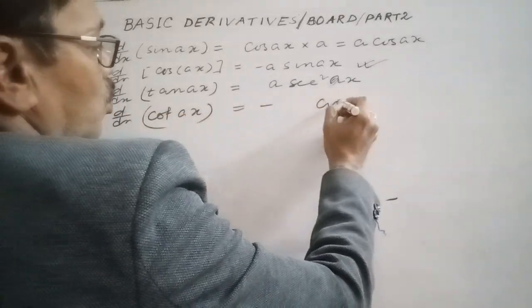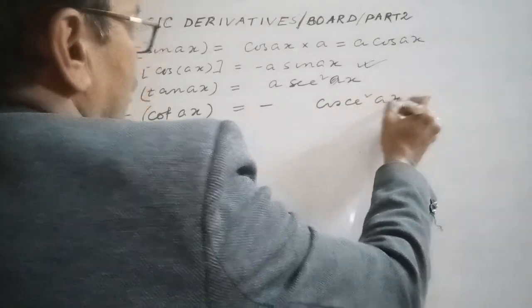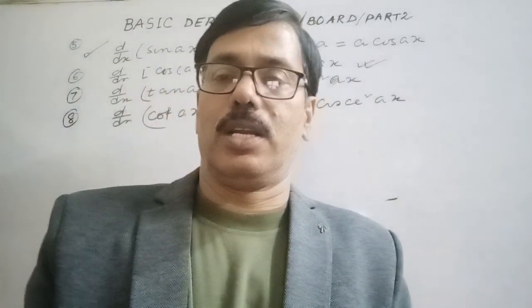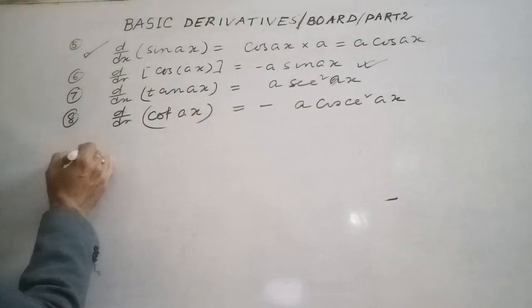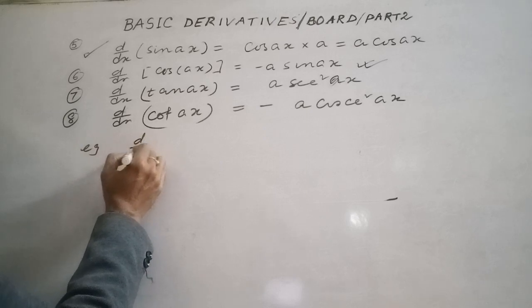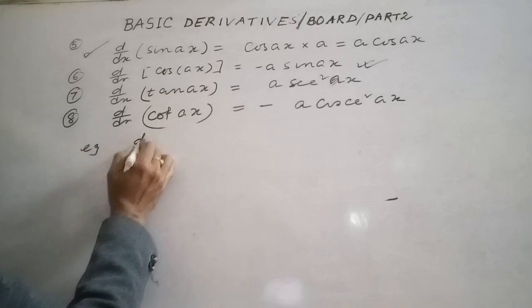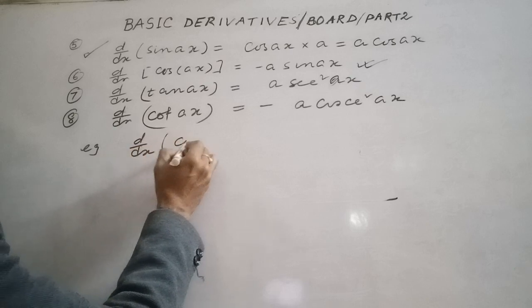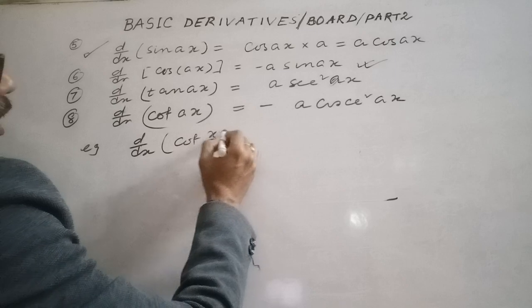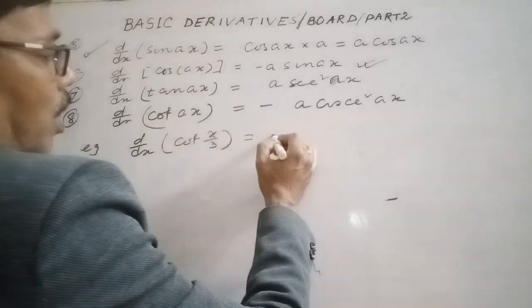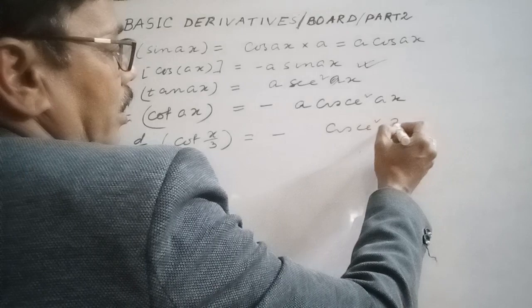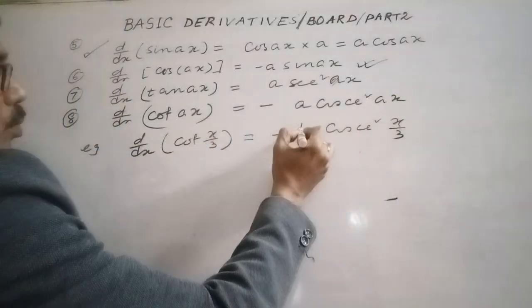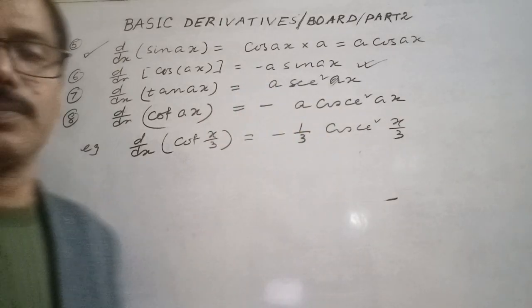Minus cosec square ax into the coefficient of x, minus a cosec square ax. For example, d/dx, the derivative with respect to x, of cot x by 3, so minus cosec square x by 3. The argument must be the same, into the coefficient of x.